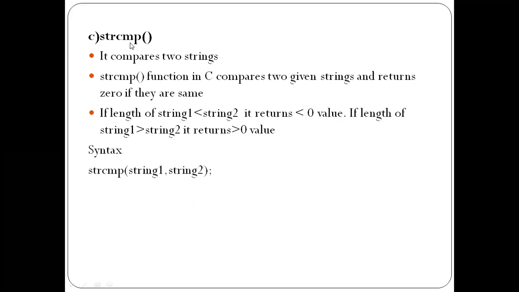String comparison means it compares two strings. The string comparison function in C compares two given strings and returns 0 if they are the same. If string 1 is less than string 2, it returns -1.